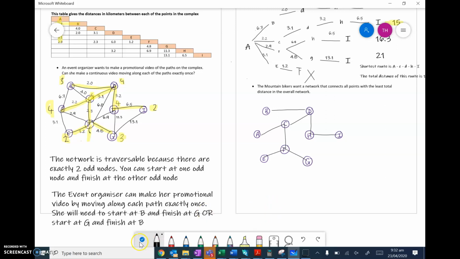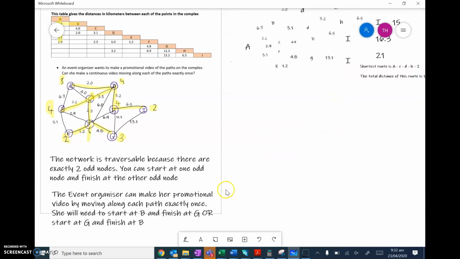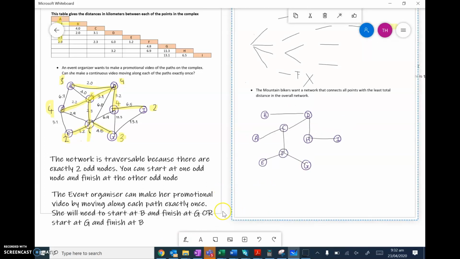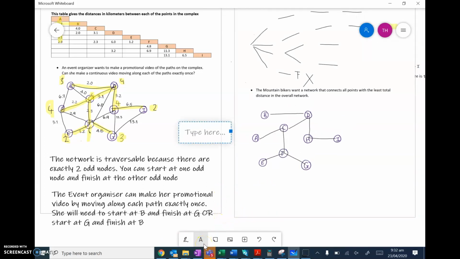And then what you need to do is write in which order you did it in. I included the route that was 2.0, and then, actually, I'm going to write the letters in.